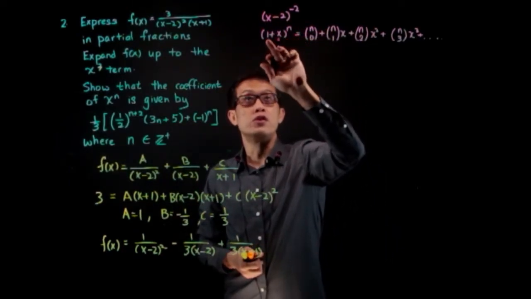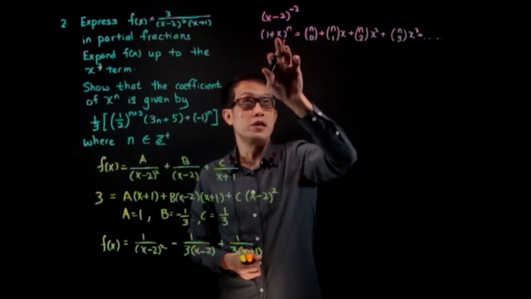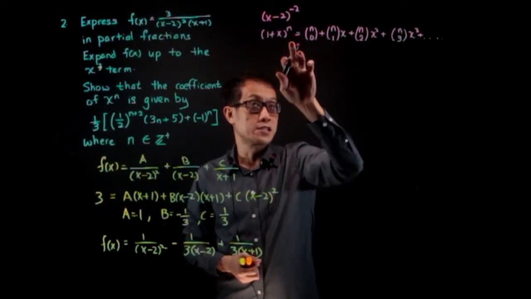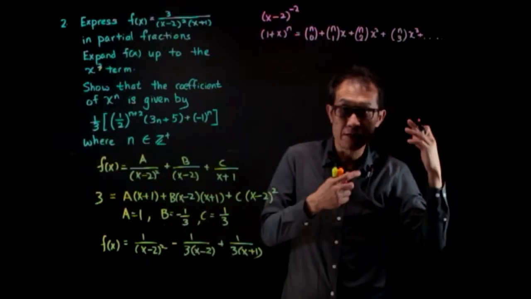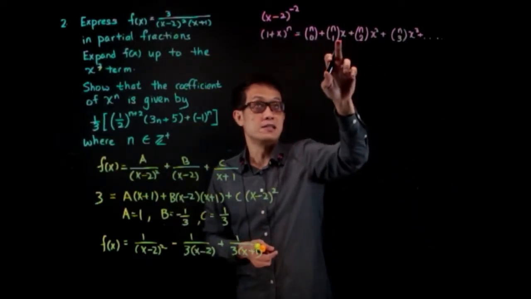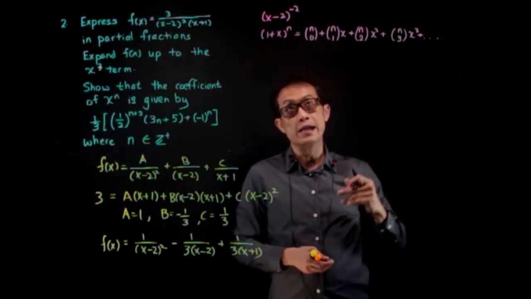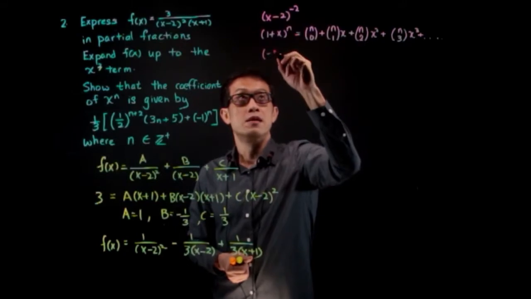You have to put the numeral in front, followed by x, because if you put the x behind, you will find that when you use the binomial series expansion, the powers of x are increasing. So we need to put it this way.